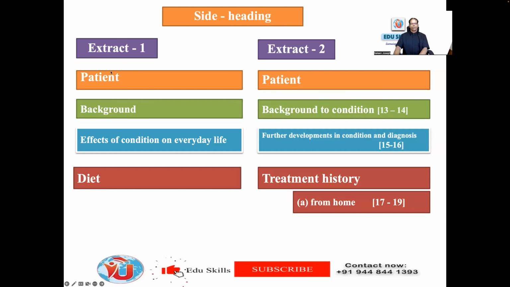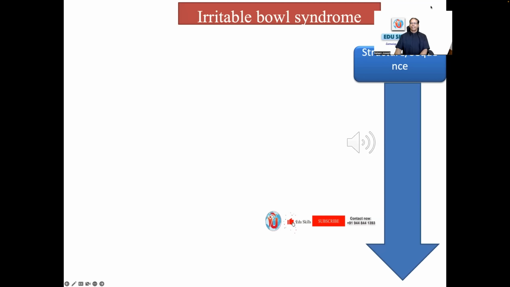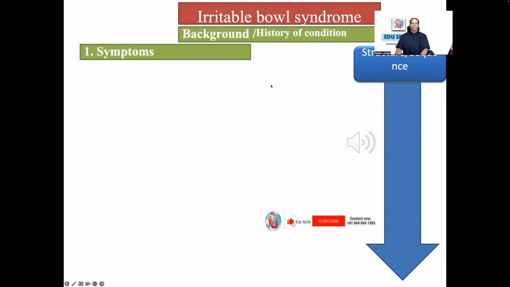In extract 1, you have patient background, effects of condition on everyday life, diet. Here you have patient background to condition, further developments, then treatment from home and university. So you have to be able to visualize a sequence in your mind, and from there, you can predict what the answer will be. So you see there is a structure or sequence, as I always tell you.